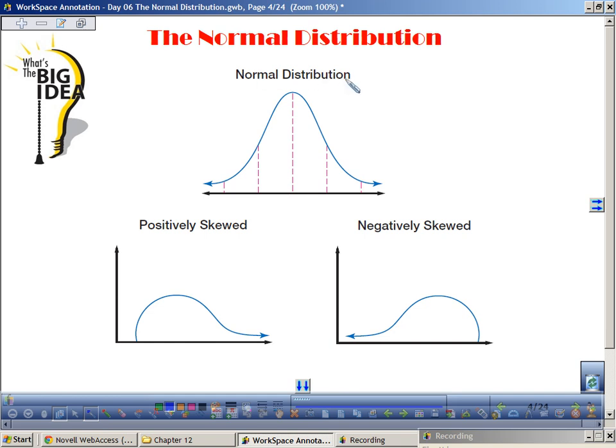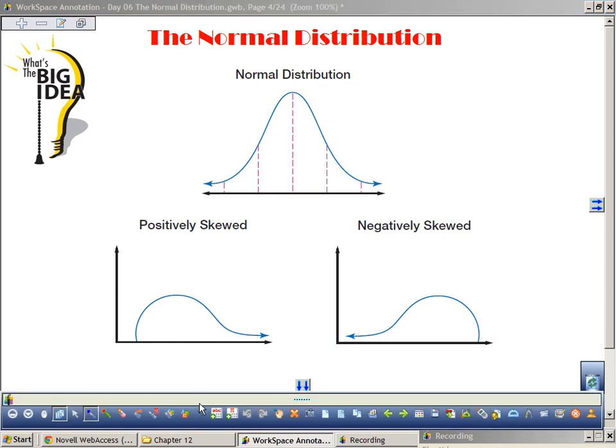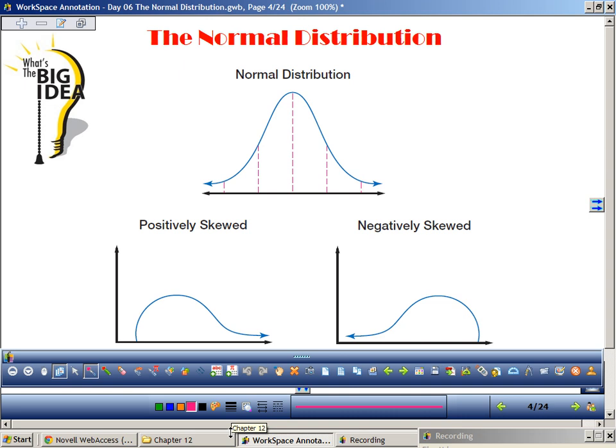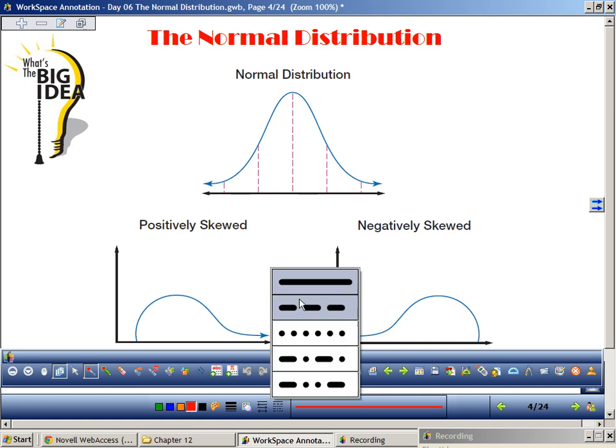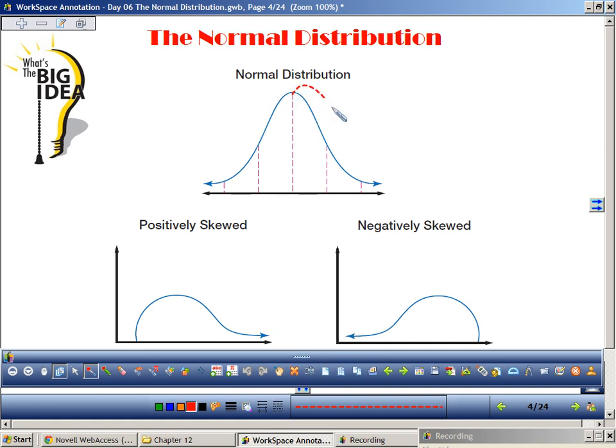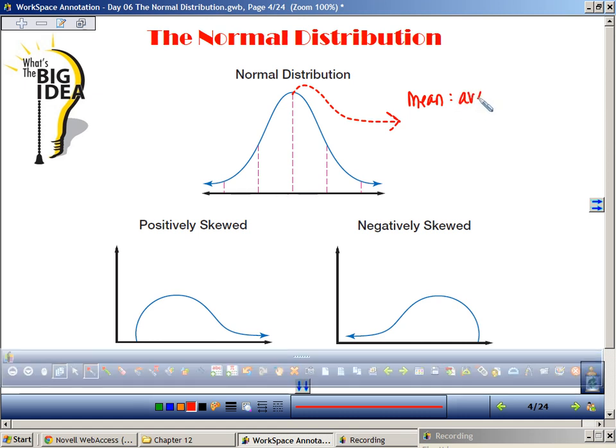All right, so in a normal distribution, right here, let me change my pen. Let's make it red. So right here would be your mean. What does the mean stand for? The average.